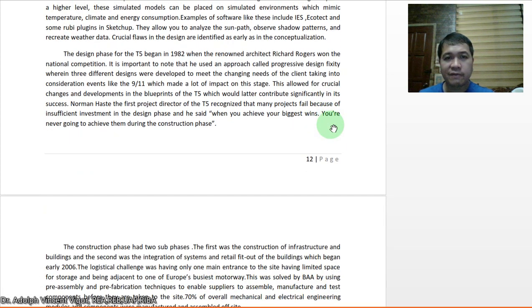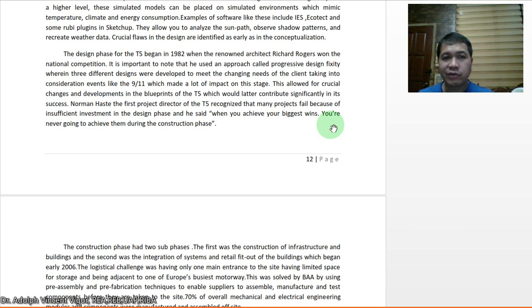The design phase for the T5 began in 1982 when the renowned architect Richard Rogers won the national competition. It is important to note that he used an approach called progressive design fixity, wherein three different designs were developed to meet the changing needs of the client, taking into consideration events like 9/11, which made a lot of impact on the stage.